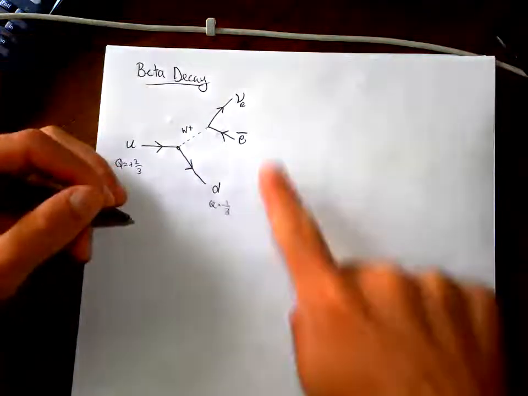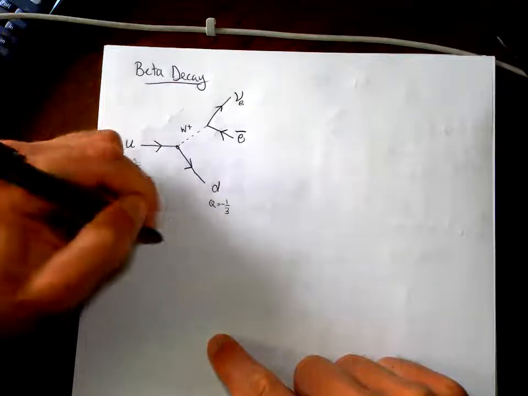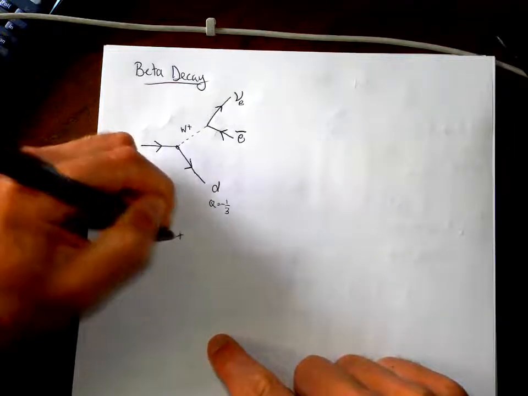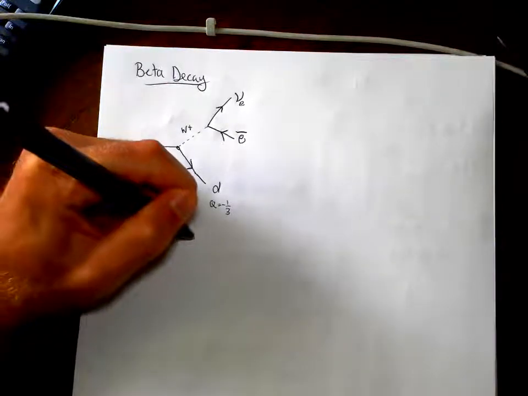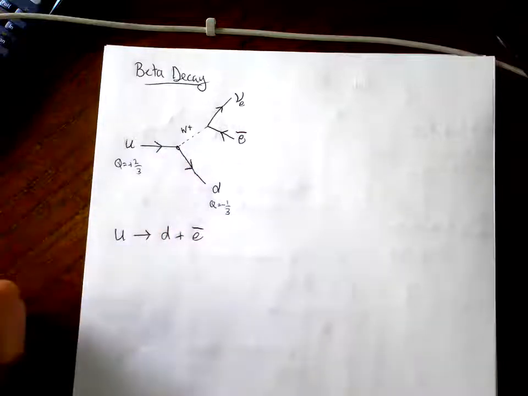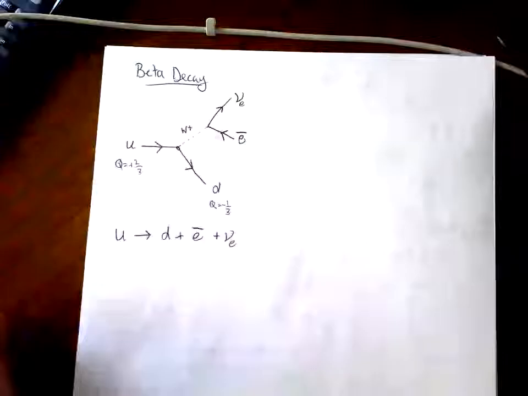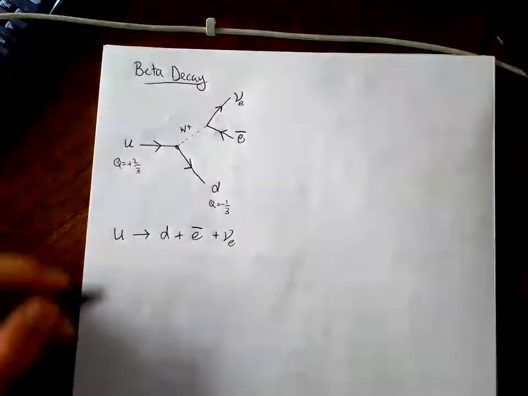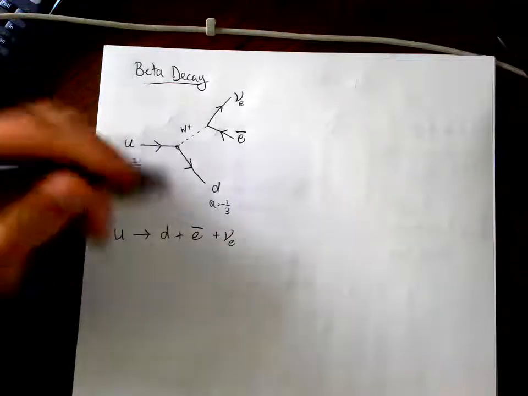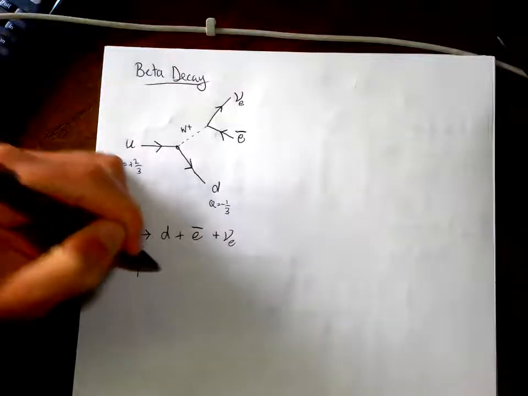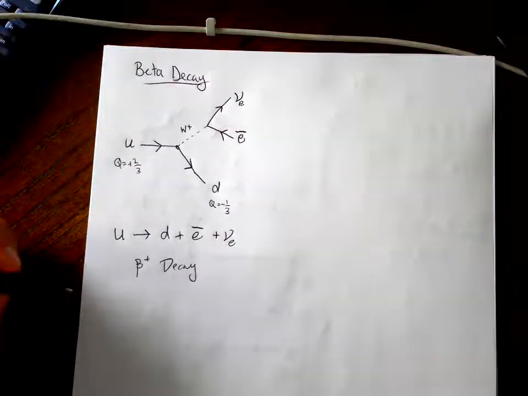So the net reaction here is an up quark becomes a down quark plus an anti-electron plus an electron neutrino. So this process is called beta plus decay.